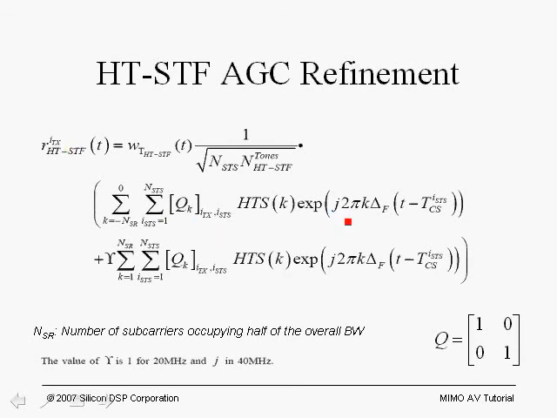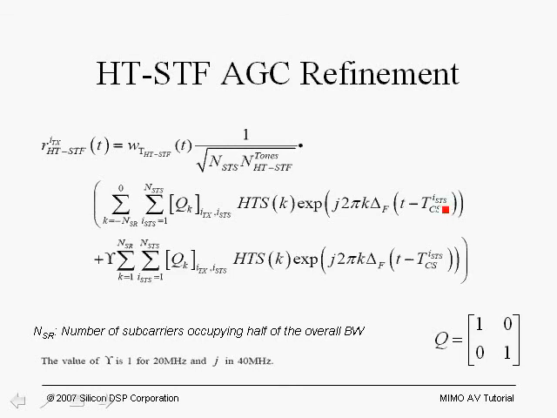The exponential is, of course, a carrier, and the carriers are separated by delta F, which is equal to 312.5 kilohertz, and T sub CS is the cyclic shift, and basically we have a cyclic shift for the second transmitter chain, and this is similar to what we showed for the case in which we discussed the generation of the symbols for training in order to obtain the estimate of the H matrix.